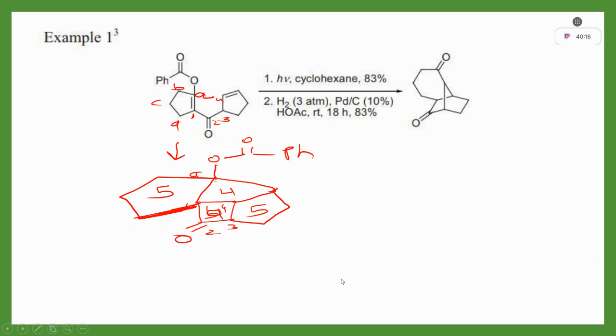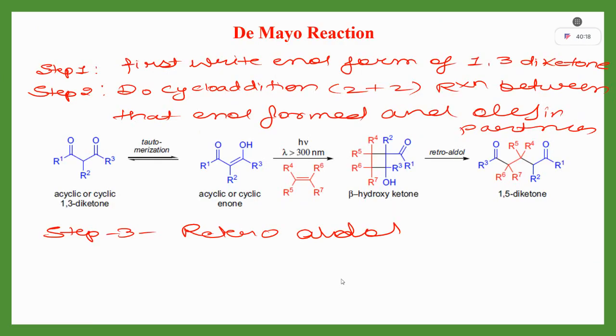So basically, I started with the De Mayo reaction in which your 1,3-diketone will undergo tautomerism, resulting in the formation of this enone, right? Which will undergo 2+2 cycloaddition, resulting in the formation of a beta-hydroxy ketone that will undergo retro-aldol. Okay, retro-aldol from which side?